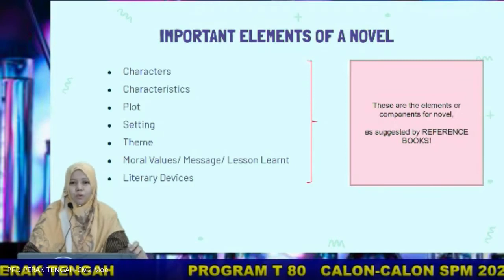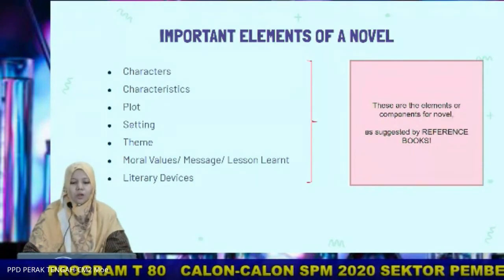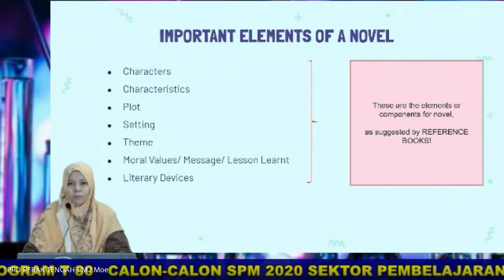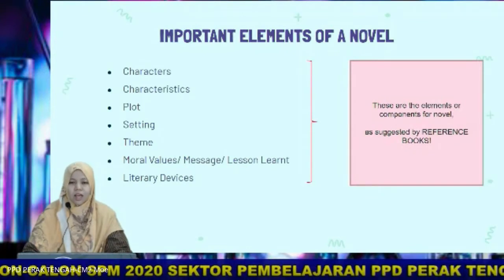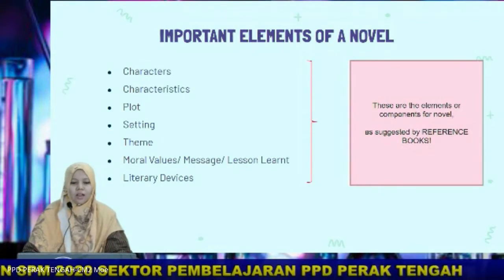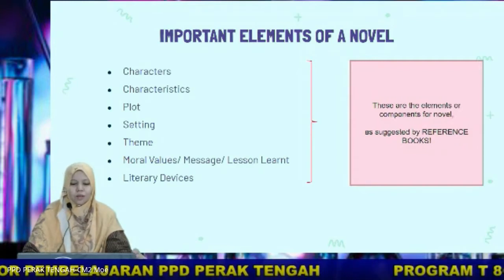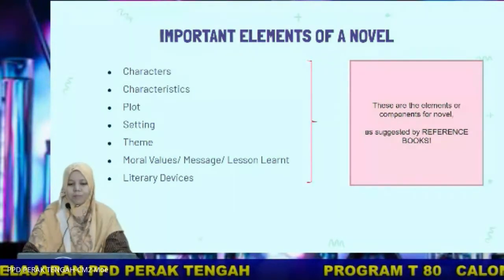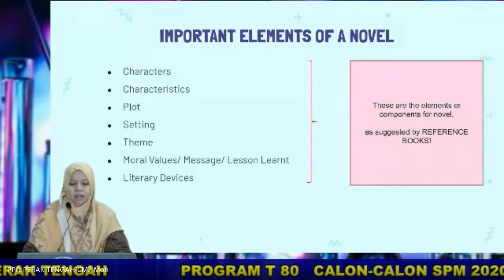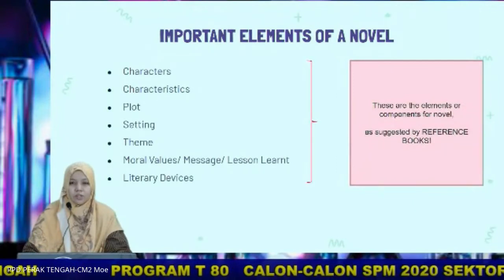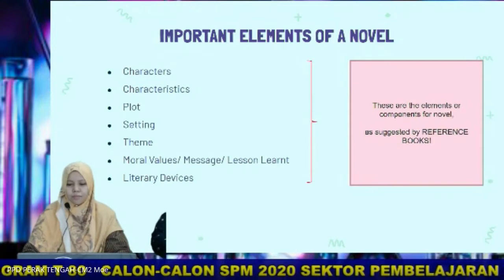And then, if you know all the characters, you must know well the characteristics. Okay, and then you have to know the plot too. If you do not know the plot, how can you write? Right? And the setting. What is setting? It can be the place setting and the time setting. Okay, next we have the theme, moral values or message or the lesson learned. And lastly, literary devices such as simile, metaphor, and so on.